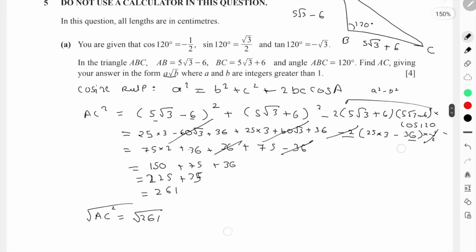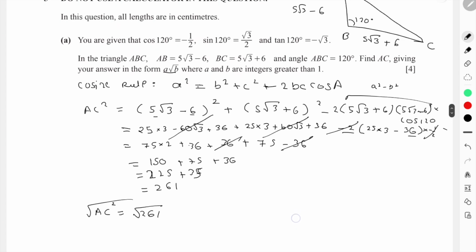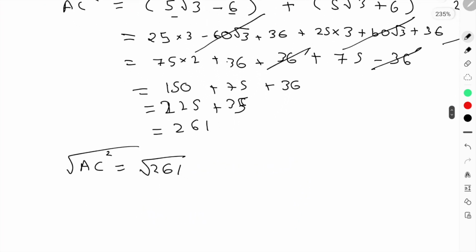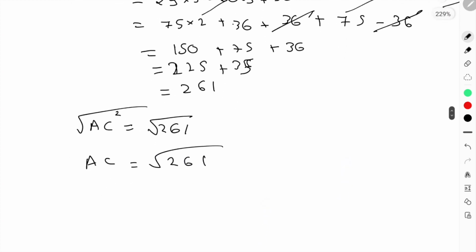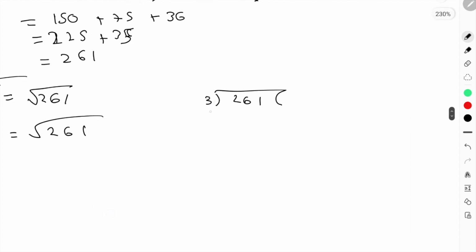We can't use a calculator, so do we know the multiples of this? So I think it's a multiple of 3, so let's divide this. Wait, doesn't make sense. So we know this will be how much?